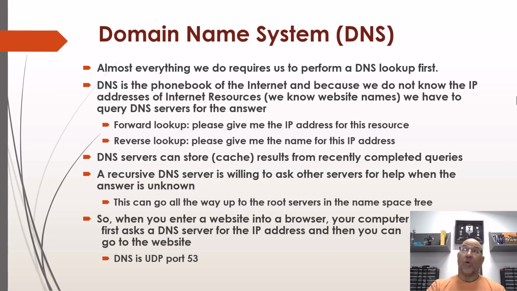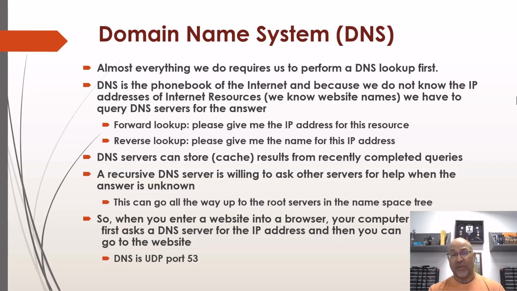These questions might go all the way to what we call the root servers or the root of the tree. Now, my name server can either say, look, I don't know, you figure it out, or it can say, well, I'll help you, and I will ask all of these servers the question. So again, when I go to a website, the first thing that happens is I've got to find the IP address.